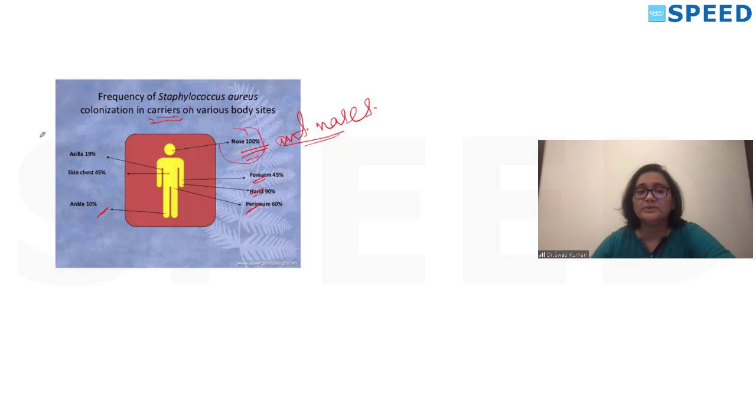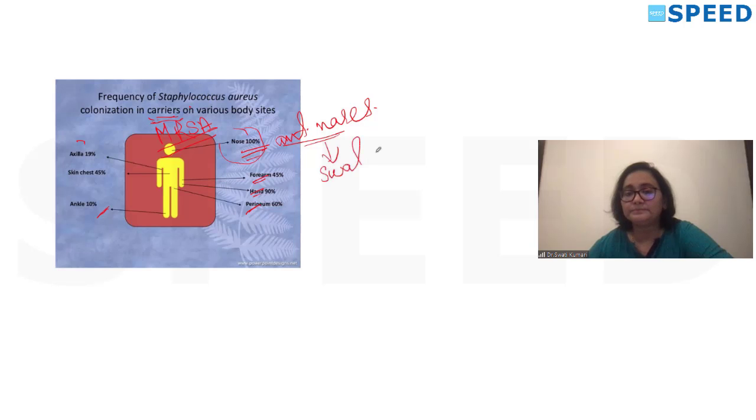There are different sites where Staphylococcus colonization can be seen. Okay, so if you are tracing for an MRSA carrier, methicillin resistant Staphylococcus carrier, the most ideal specimen will be an anterior nares swab.